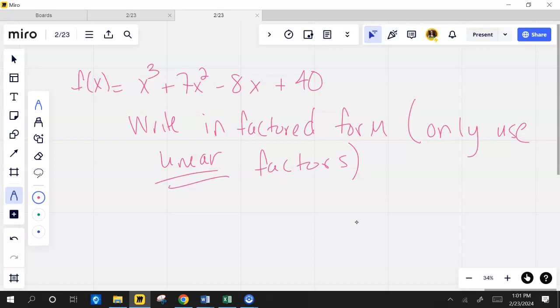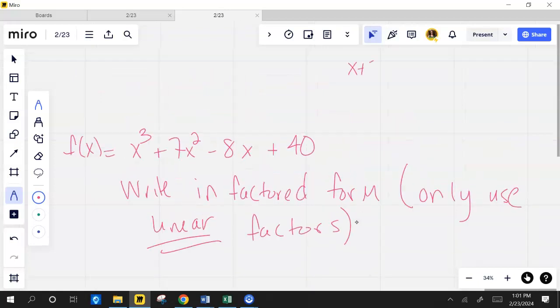Most of the time, whenever we factor down, we could get down to a quadratic that just doesn't factor any further. What if it has imaginary numbers? What if I got something factored down to this, and I told you to factor that with linear factors only? This is not a linear factor.